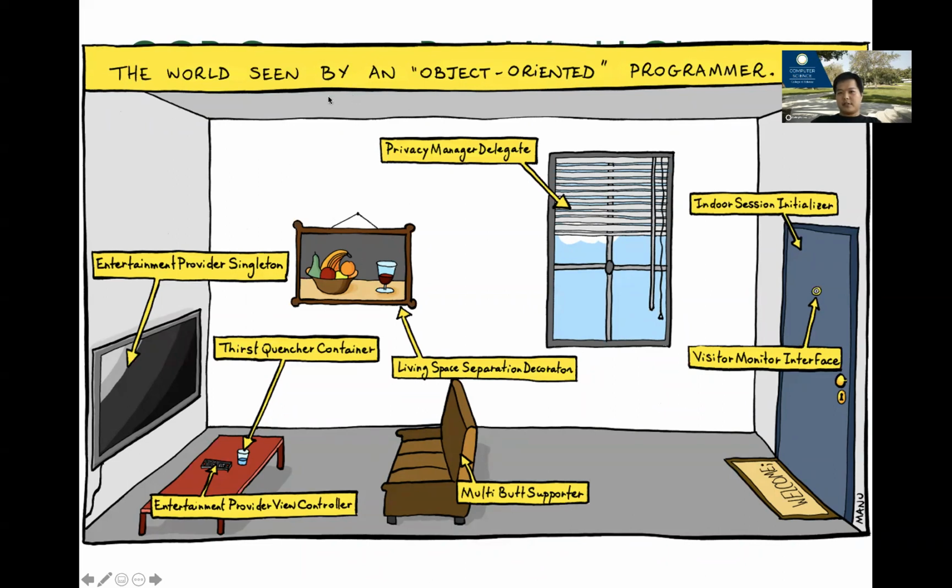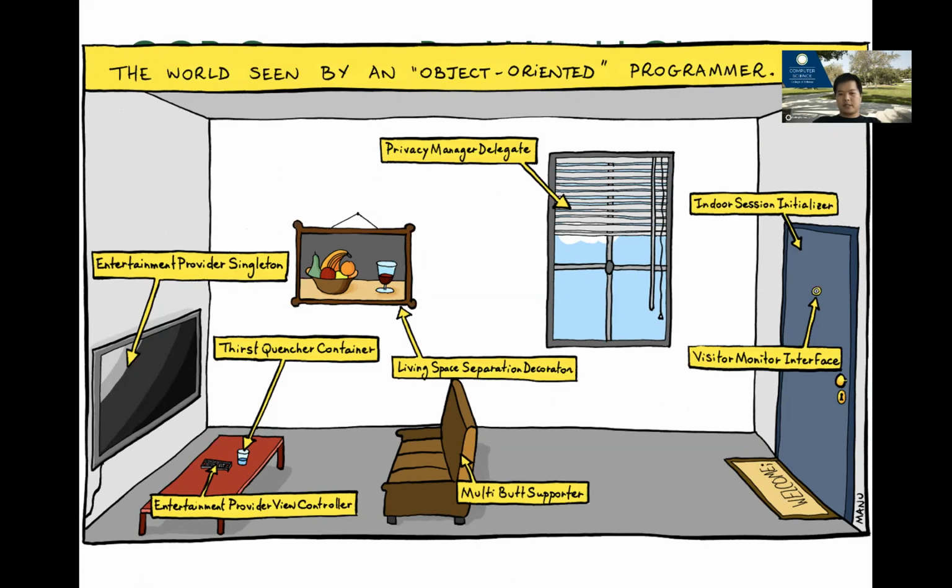And that's just a little funny image that people use to show how object-oriented programmers see the real world. For example, it's called the TV, the entertainment provider singleton. We'll learn this pattern called the singleton pattern. The singleton pattern means that in the whole program, for certain classes, you only want to have one single instance.